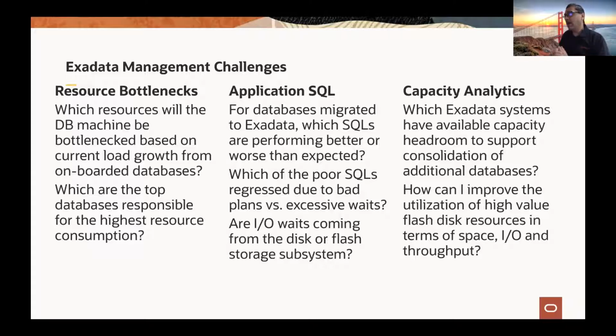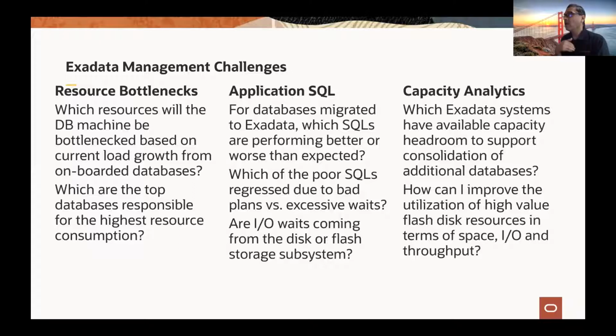Like, the IO waits, are they coming from disk or the flash storage subsystem? And then if you are looking to do capacity planning so that you can onboard more and more workloads to your Exadata, do they have enough capacity to support that kind of consolidation?